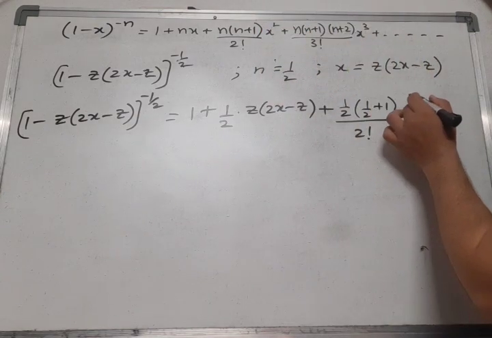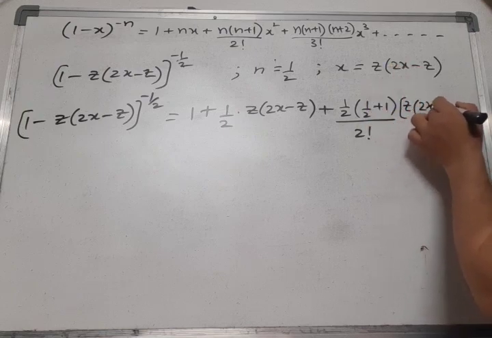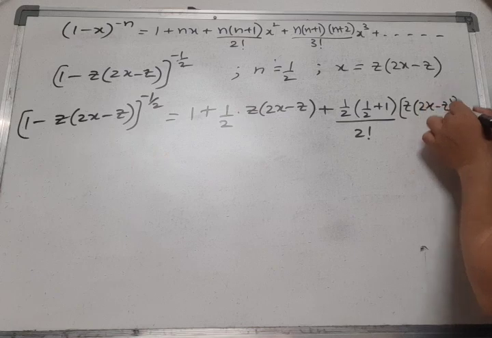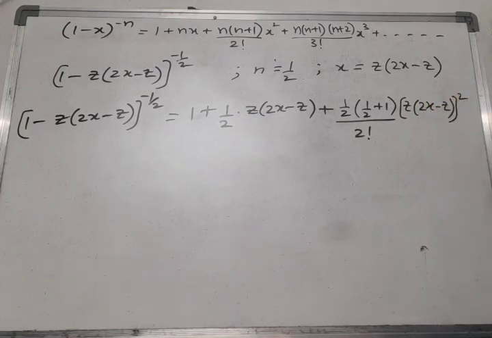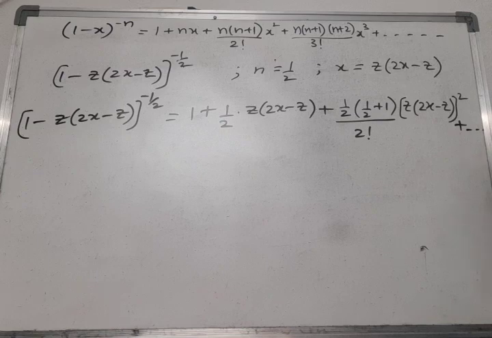So in the x place, what is there? z into (2x minus z) whole square. This square belongs to both z and 2x minus z, okay. Plus and so on, all terms we can write, so many times we can write. This is enough expansion. 3 terms we expanded, it is enough.